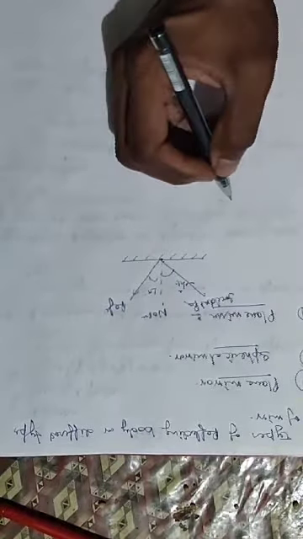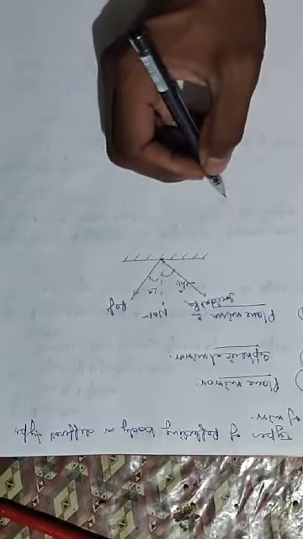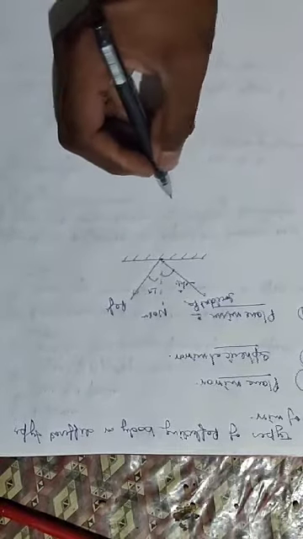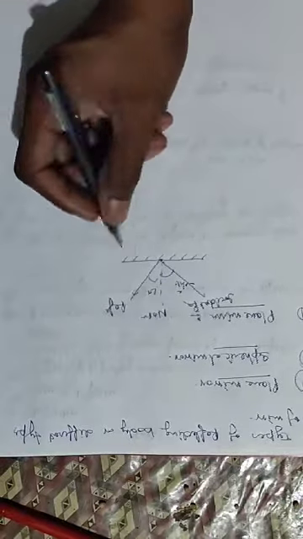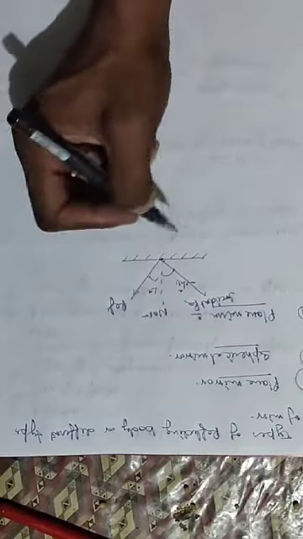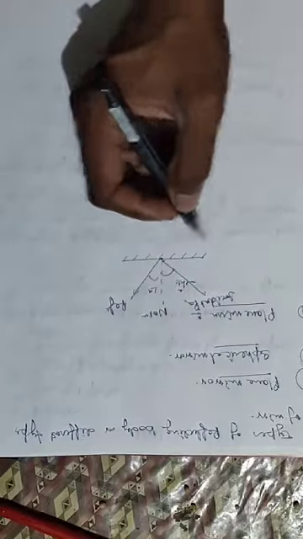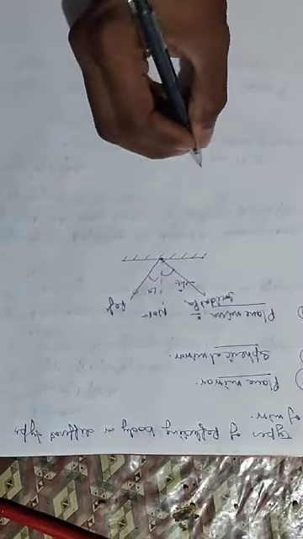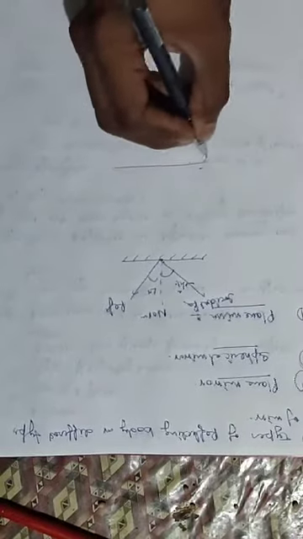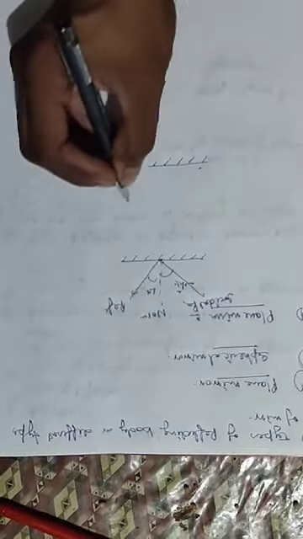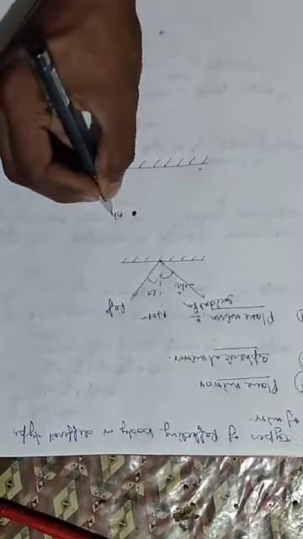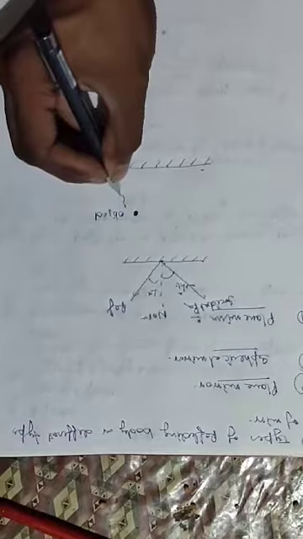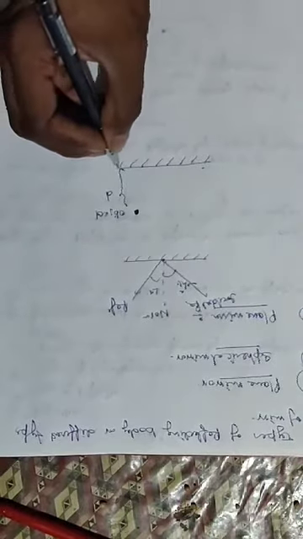How does image formation take place in a plane mirror, and what are its properties? The image formed by the plane mirror must satisfy some properties. Let's consider a plane mirror in which an object is placed at a distance d from the plane mirror.